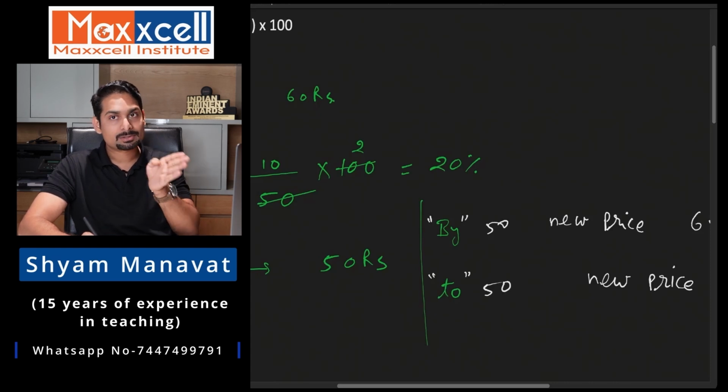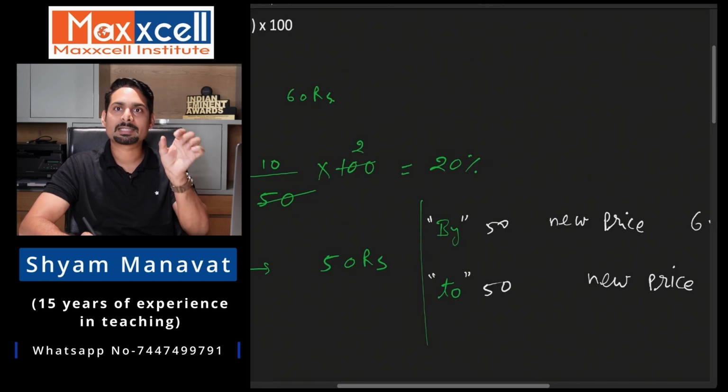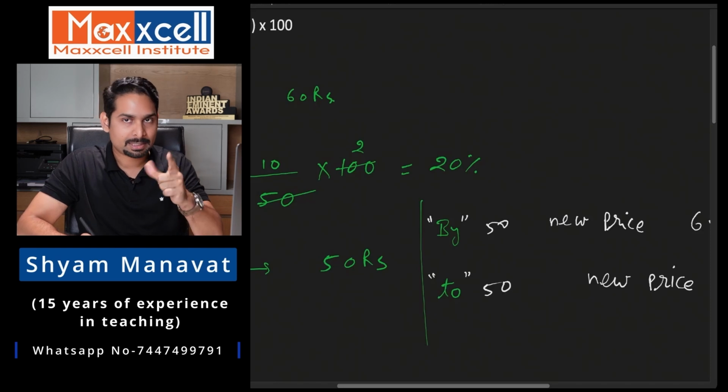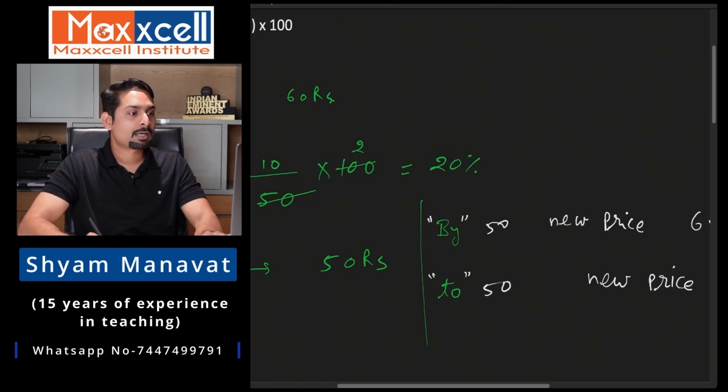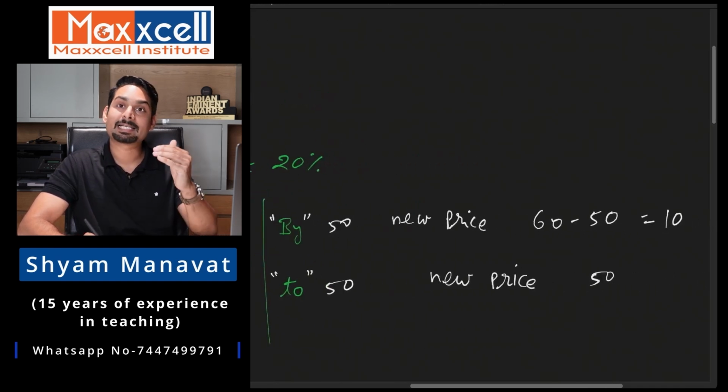If you say decreases to or increases to, do not look at the initial value, directly make this value your final value. I hope this is clear. If not, I'll repeat once again. If I say decreases by 50, you minus 50. If I say increases by 50, you add 50.